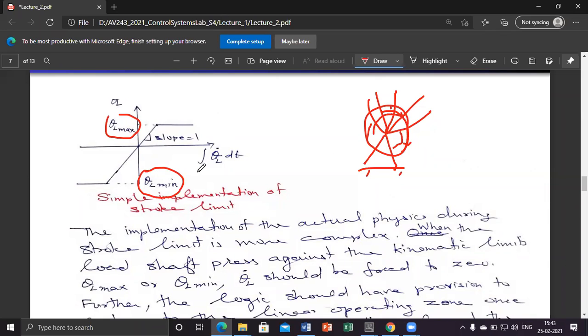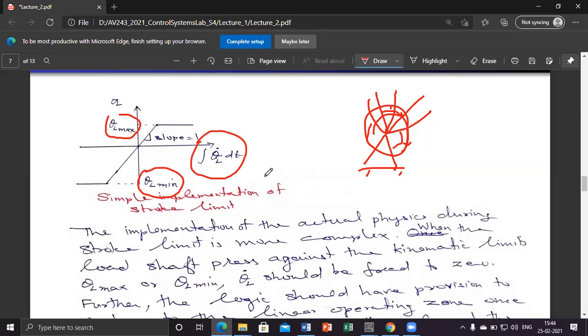That is the unlimited shaft deflection that I am representing by the integral of theta L dot, because the integral of theta L dot is nothing but theta L. Why do I say the integral of theta L dot? If you see the real cause and effect sequence, we are actually connecting an actuator. The actuator applies torque on the load. Torque will produce acceleration, theta L double dot.